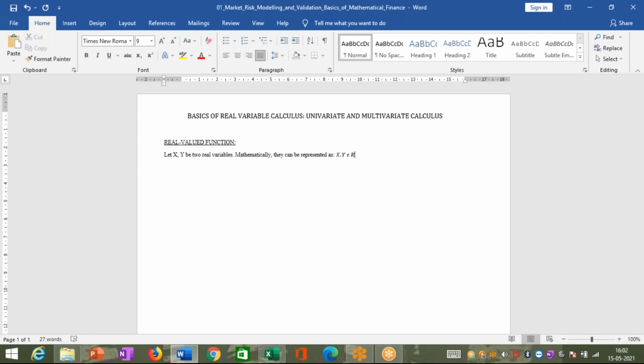That is what causality is, right? And functions help us explain such causal relationships between two real variables, x and y.